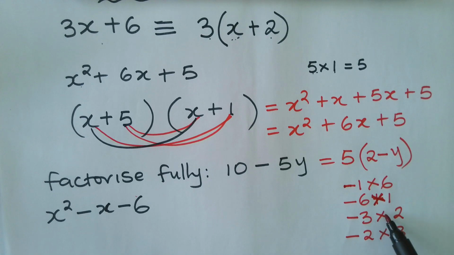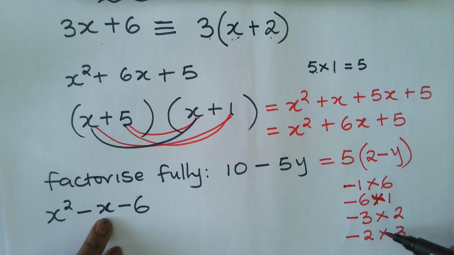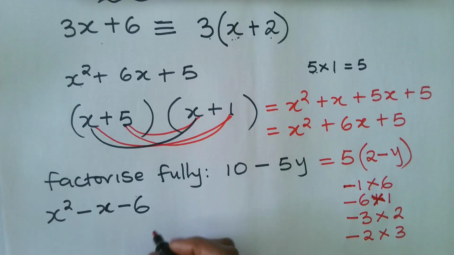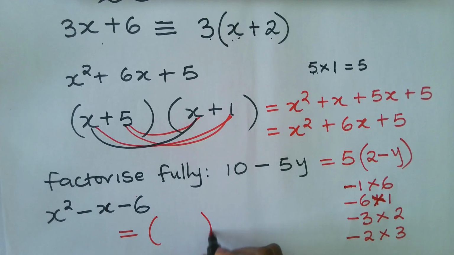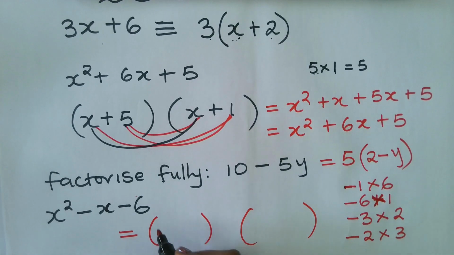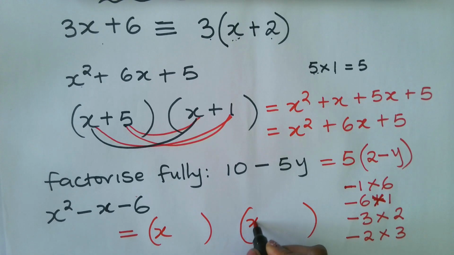Now we have the product of minus 6, so we're going to look for the numbers that when we subtract or add will give us minus x. We put that in brackets. We put x here, and x here.